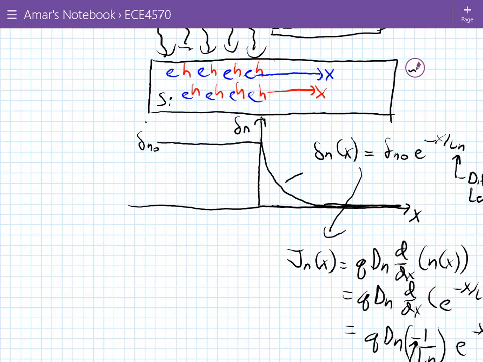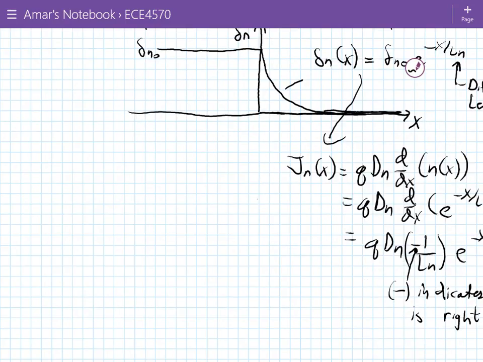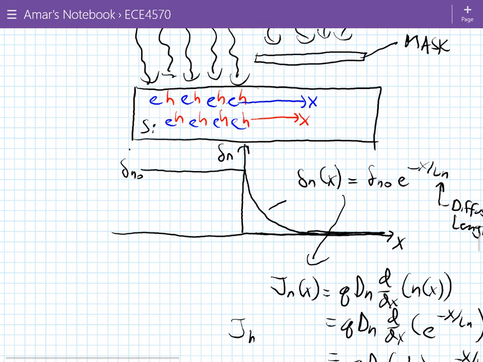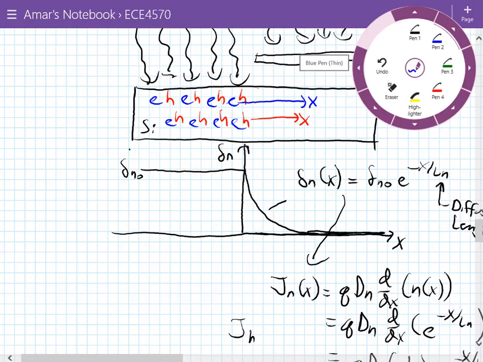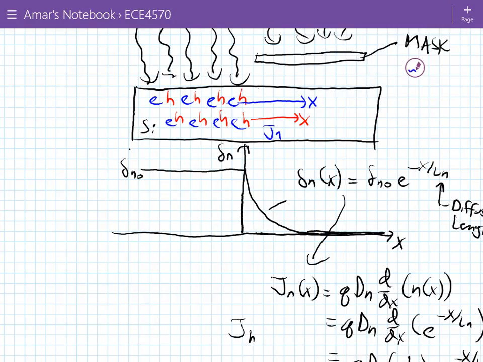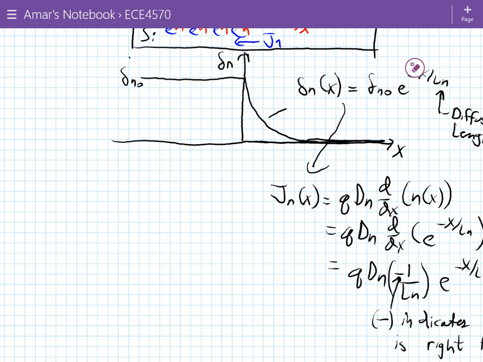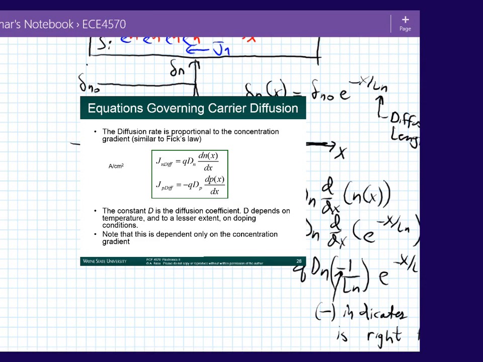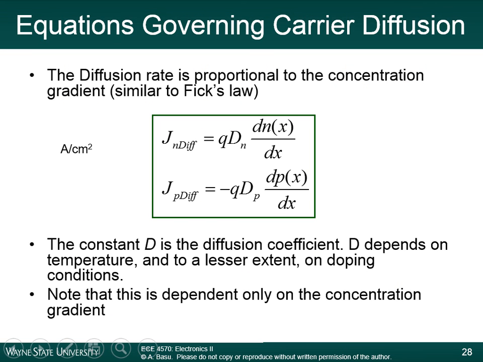The current is opposite the movement of the electrons, right? So the current is going to be right to left. So J sub n is going in this direction because the electrons are moving from left to right. All right, so simple example of Fick's law.